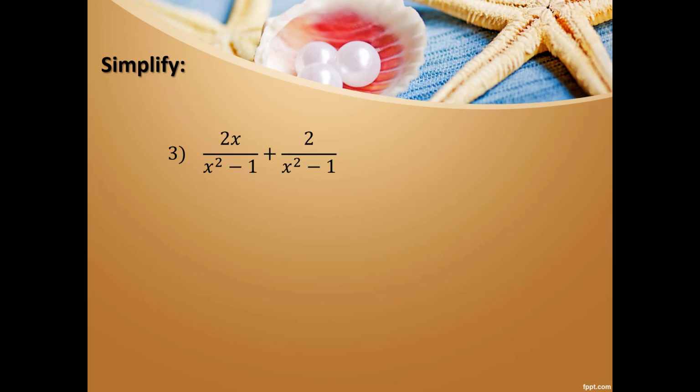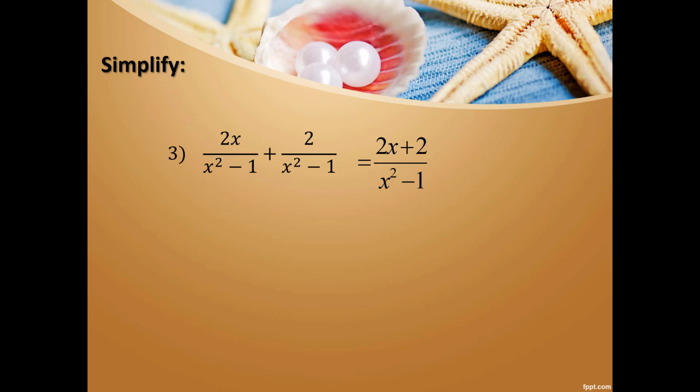Okay, let's do another one. We've got 2x over x squared minus 1 plus 2 divided by x squared minus 1. So again, same denominator, so we need to add the numerator values. So we should get 2x plus 2 over x squared minus 1. Well, up top, we can do the greatest common factor.